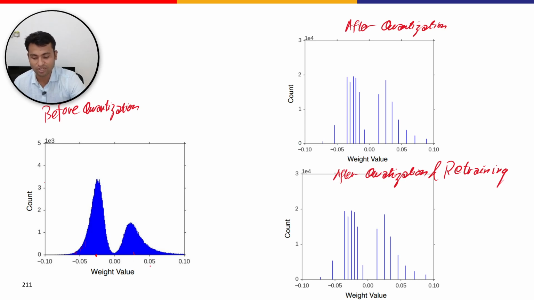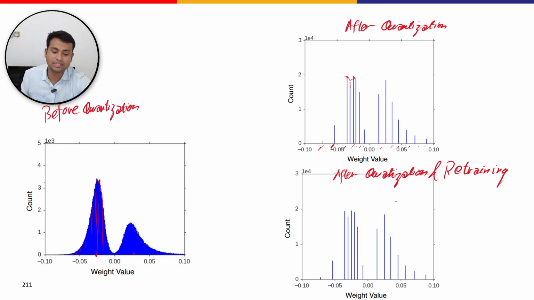Not all possible weight values are possible, only certain weight values. Majority of the weights are represented at this point. You see there's a small dip here, so the number of weights which are mapped to this single line is actually reduced.